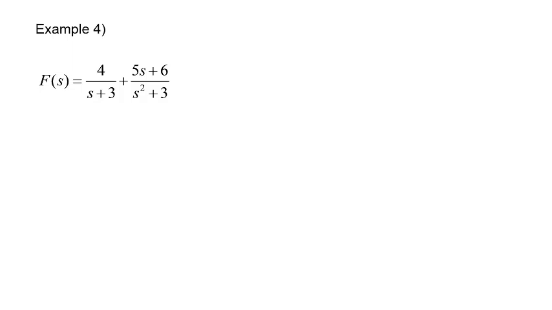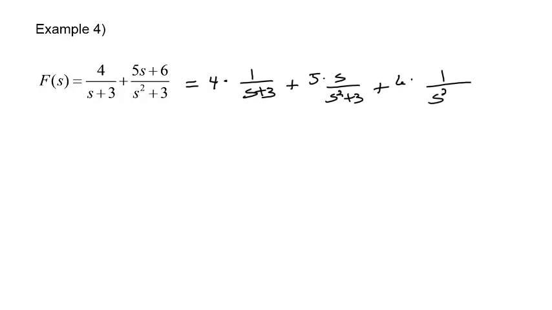Now the first fraction really could be rewritten as a product of the constant 4 times 1 over s plus 3, and that's the way I want to think of it. And then the second fraction, I'm going to separate. So I'm going to write 5s over s squared plus 3 as 5 times s over s squared plus 3 plus 6 times 1 over s squared plus 3.